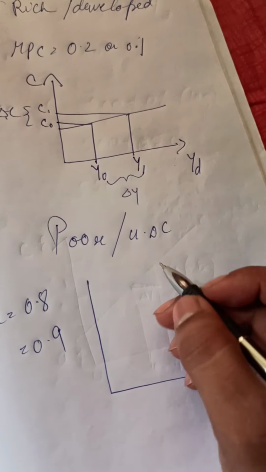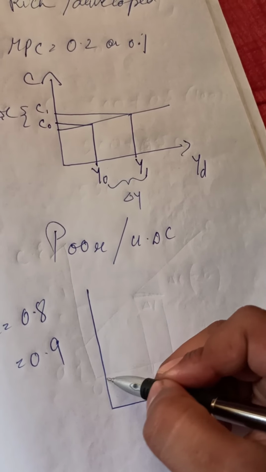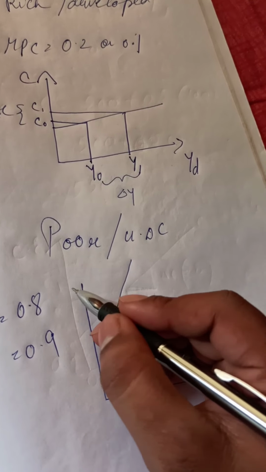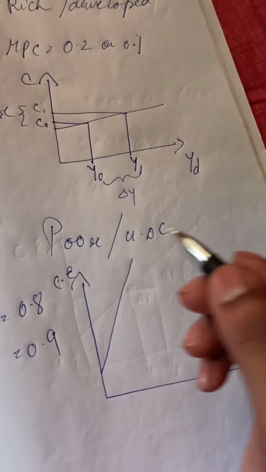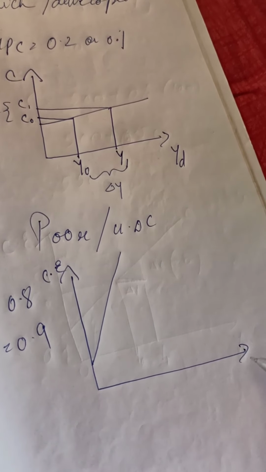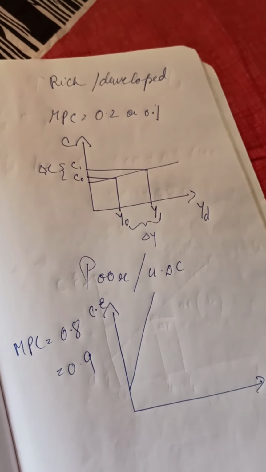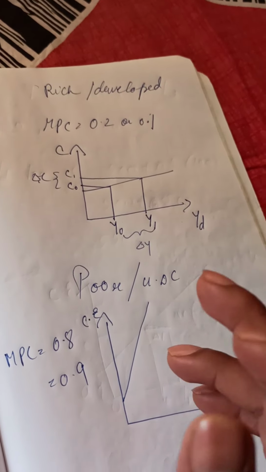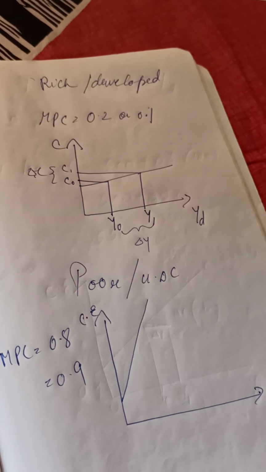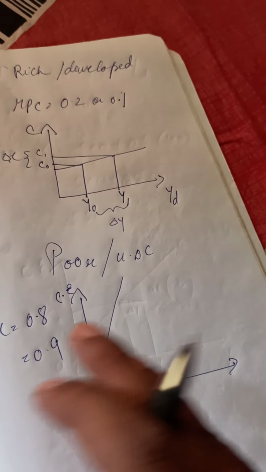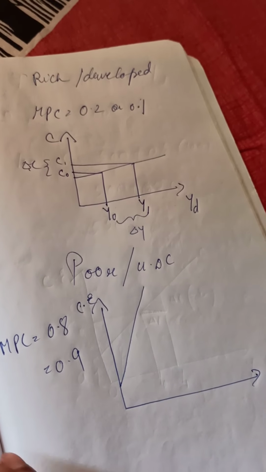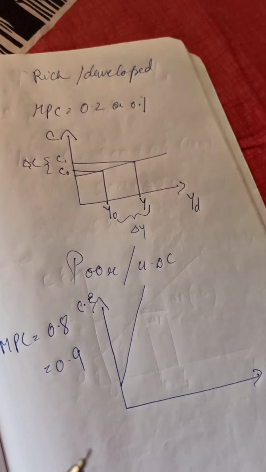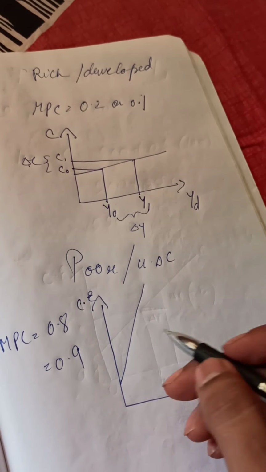So for them the consumption function will be very steep, because the value of the slope is very high. MPC shows the slope of a consumption function. If the value of MPC is low, that means the slope of the consumption function is low and it will be flatter. If the value of MPC is high, then the slope of the consumption function is high and it will be a steeper consumption function.